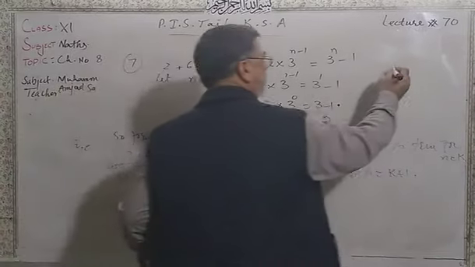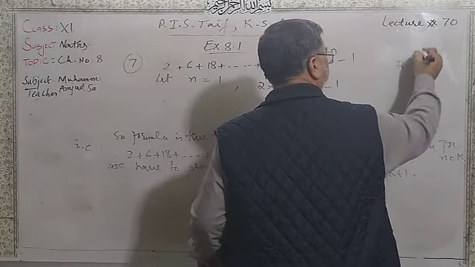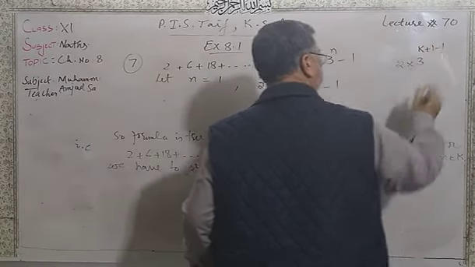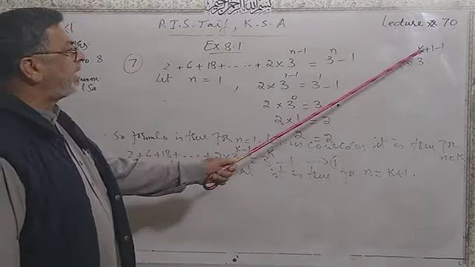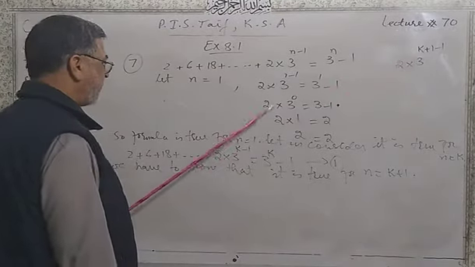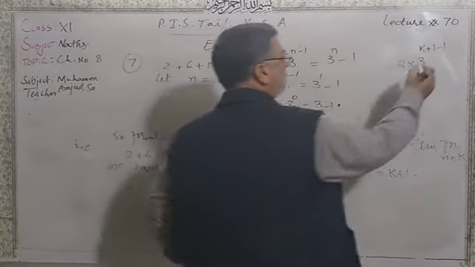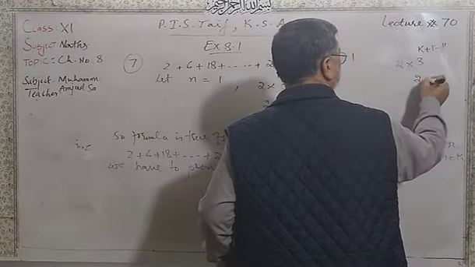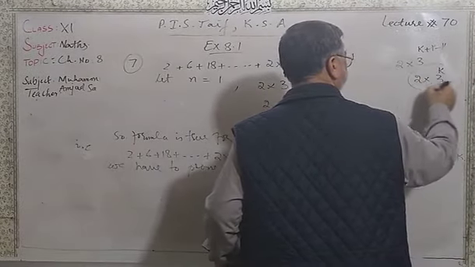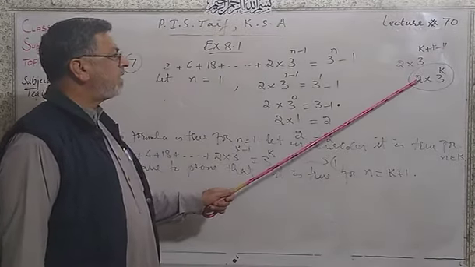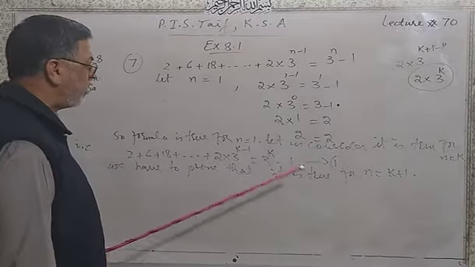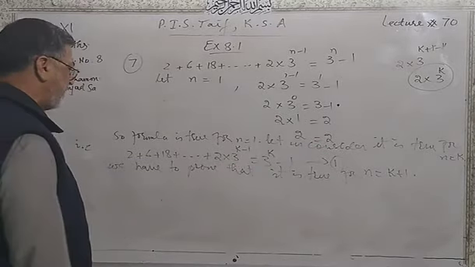So here is 2 into 3 power k plus 1 minus 1. Here instead of k I have applied k plus 1 and this minus 1 as it is. So 1 cancelled out. 2 into 3 power k. So dear students, this is our required term which must be added on both sides of equation number 1.